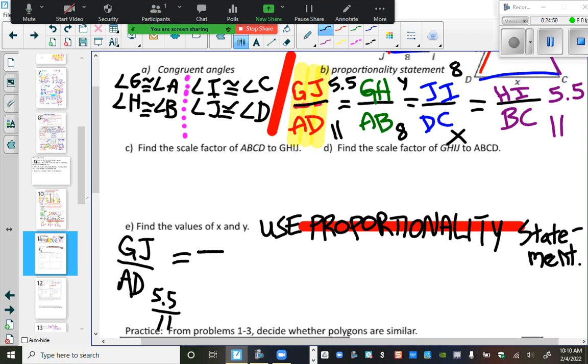You're going to set that equal to, which one of these other ratios has a variable? Either above or below. Where do we see a variable in this proportionality statement? Let's look.